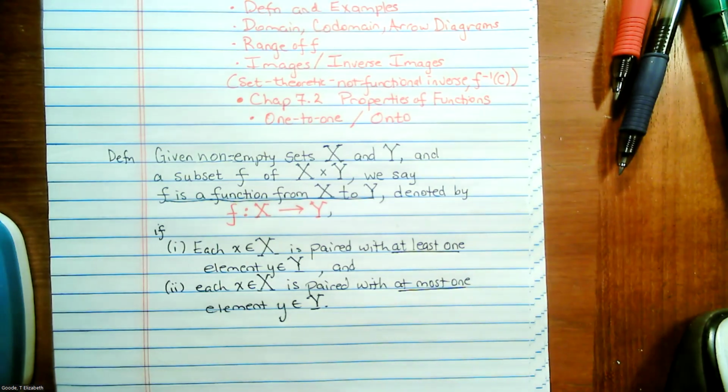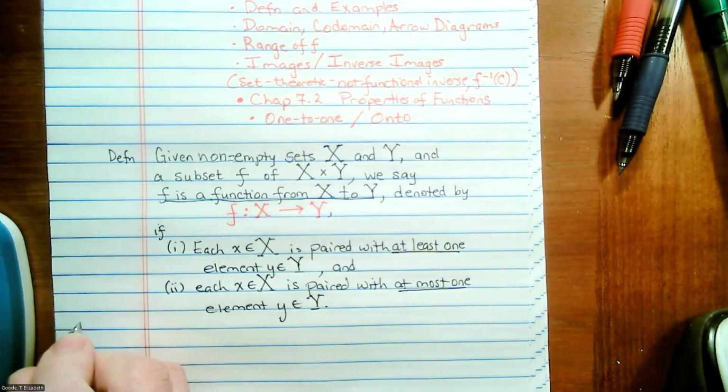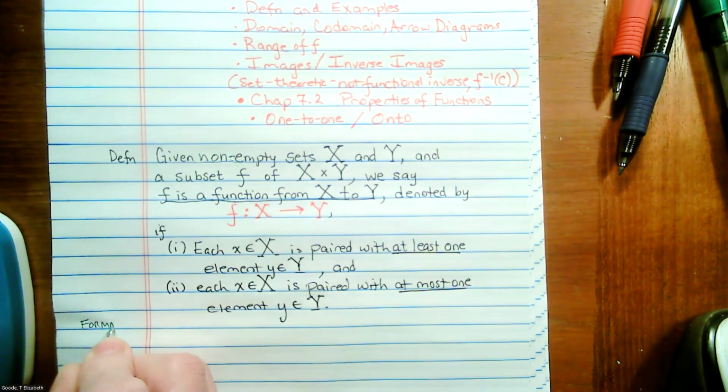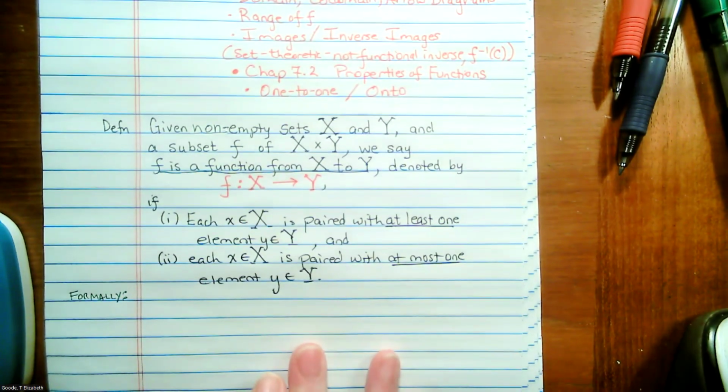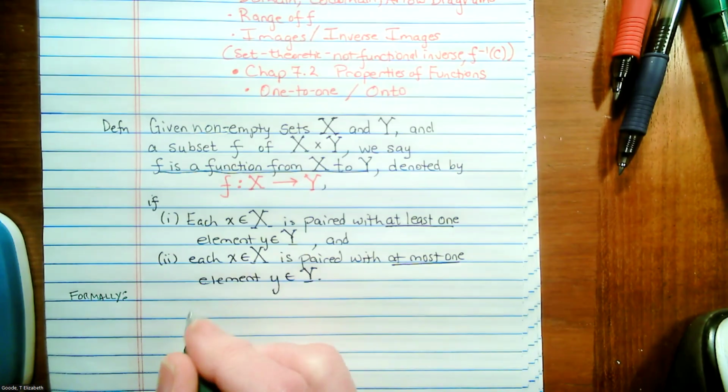If you'd like to write it very formally, we can use our there exists and for all symbols, and I'll teach you a new symbol.